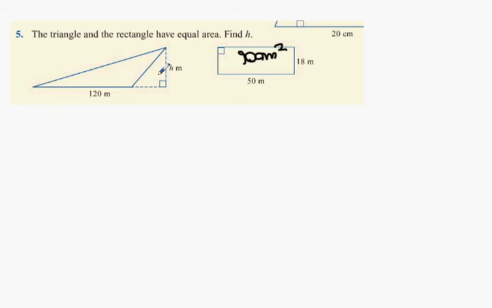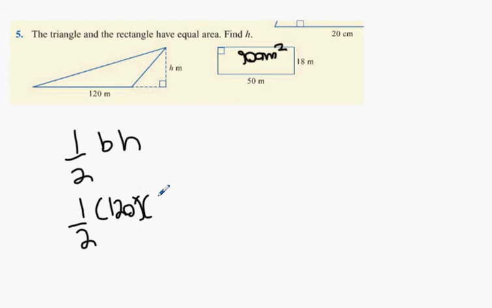Now, what's the area of a triangle? A half the base length by the perpendicular height. What's the base length? The base of a triangle, anybody? It's the 120 on the bottom. What's the height? h. What's a half of 120?